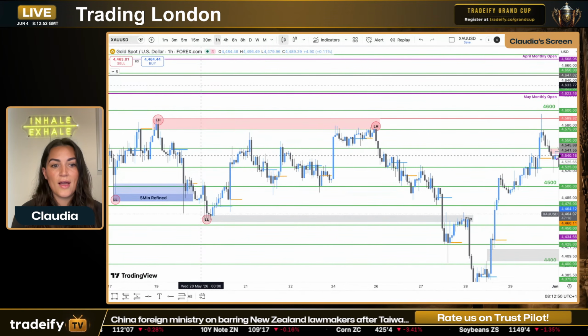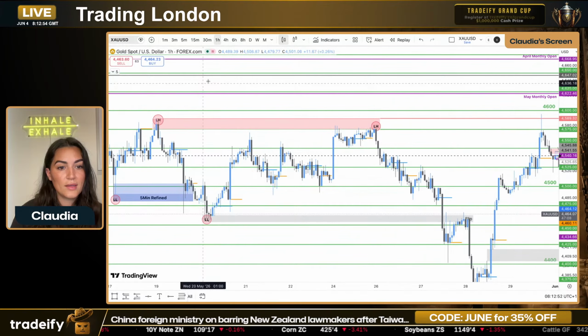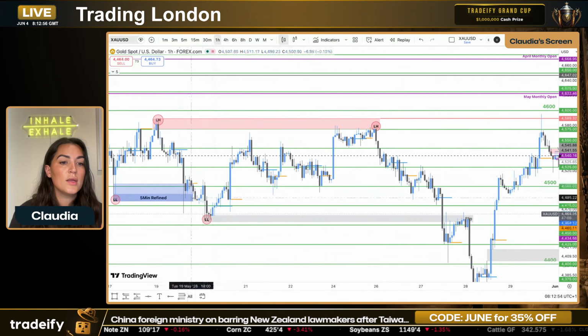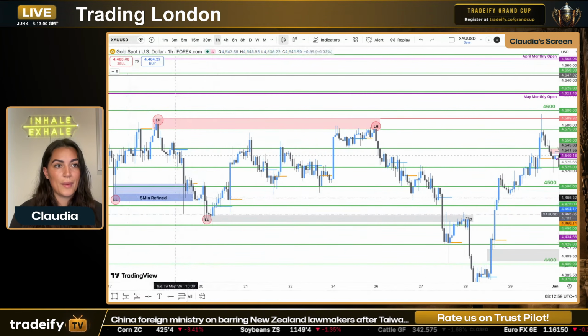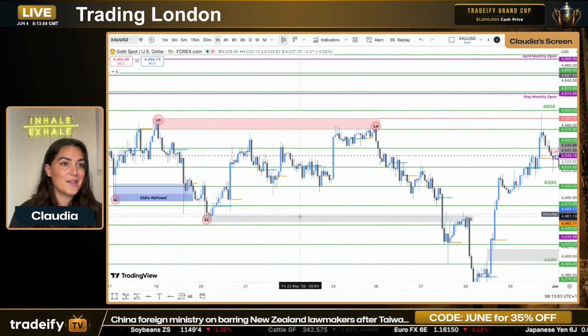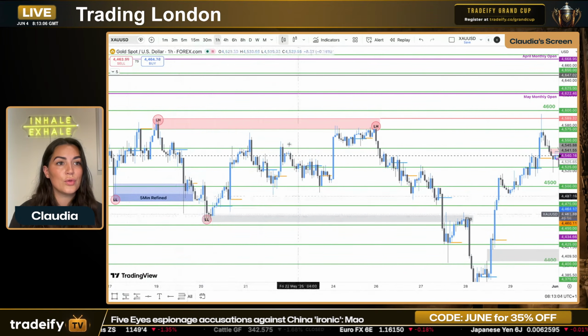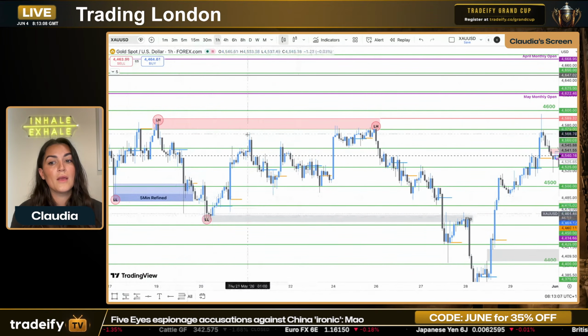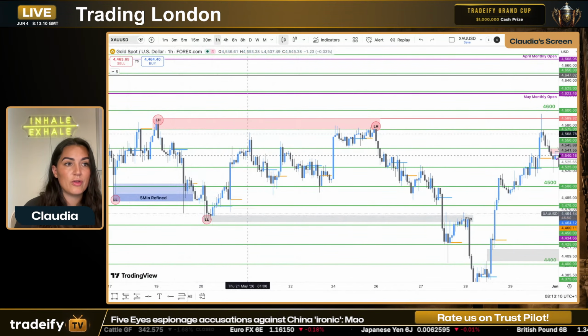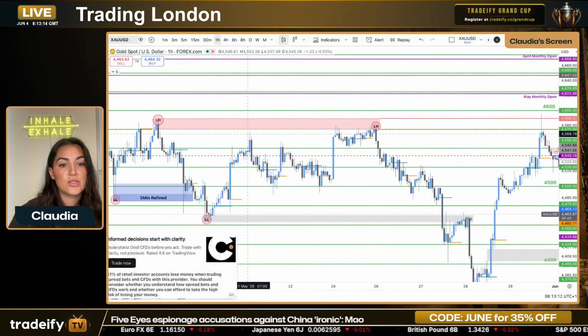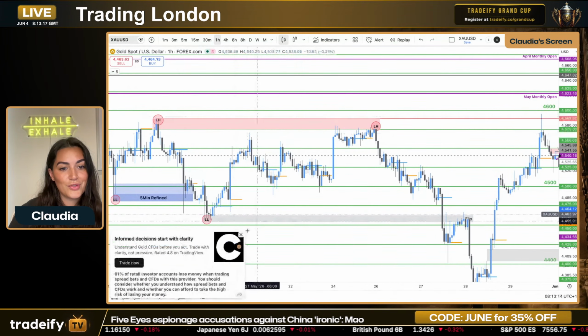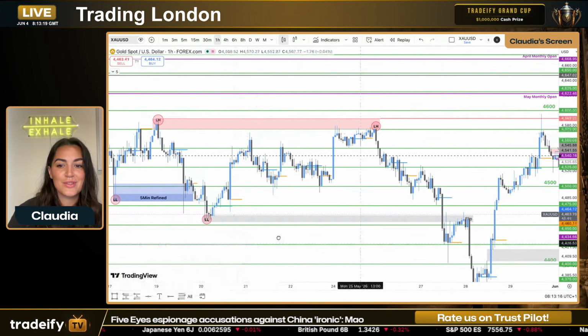If I'm looking to buy off this zone, for example, because it's labeled 5 minute, it helps me take a step back and think, right, it's going to be less likely to hold if there's a 1 hour zone or a 4 hour zone around it. So I like to weigh the higher time frame zones a lot more than the lower time frames because they're much more reliable. If you've ever wondered why I have time frames in all these zones, that's why.